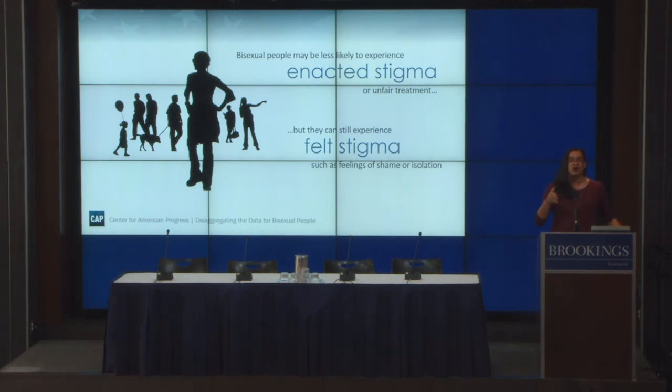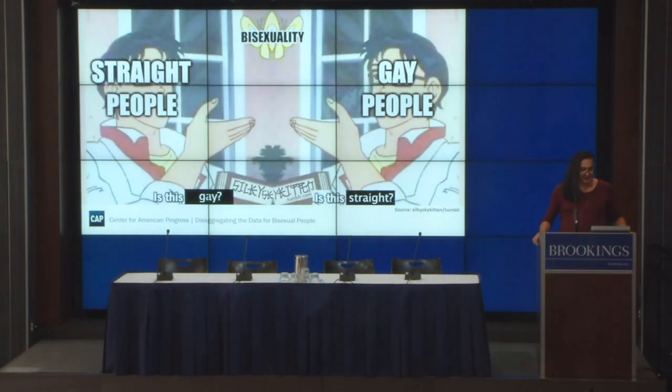However, because you are in this other category that's hidden, you might have feelings of shame or isolation, right? So that stigma does remain. And that might be one way to help understand how we're seeing this lower rate of discrimination based on sexual orientation, and at the same time we're seeing much worse mental health outcomes. So that's sort of just one hypothesis, and we'd love to see more research.